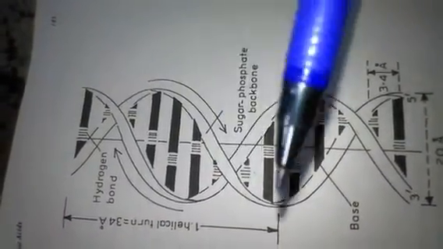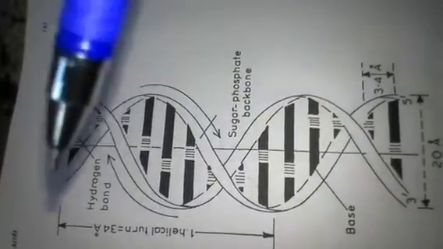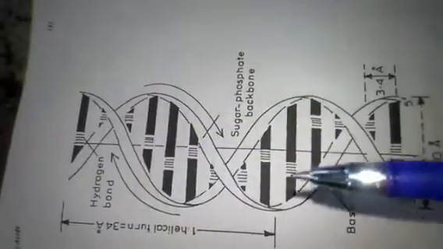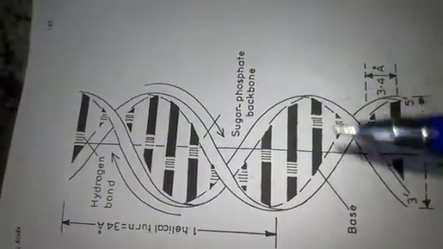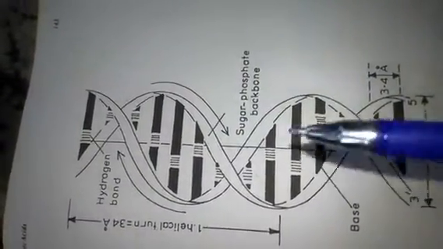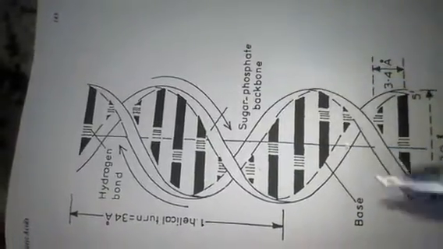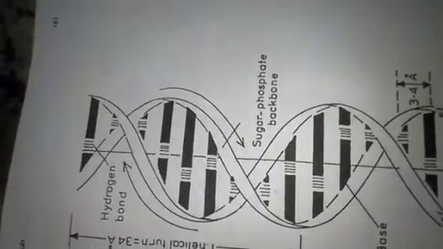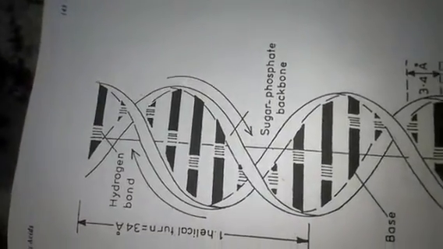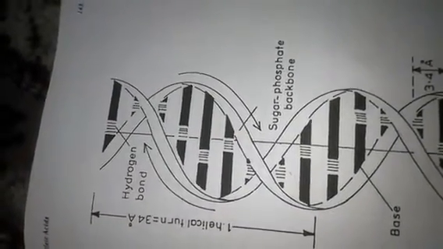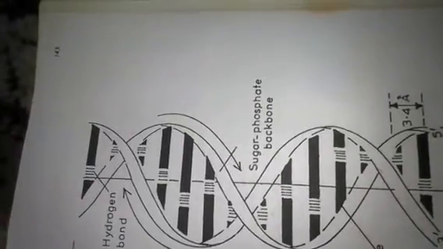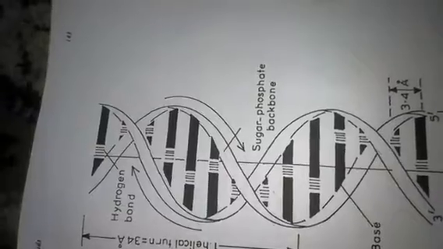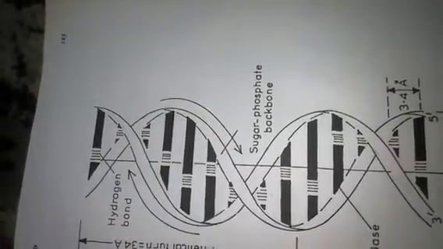Their backbone is made up of sugar and phosphate on the external side, and on the internal side there are base pairs: adenine, AT, GC base pairs. Their bases are stacked one above the other in the interior of the double helix.